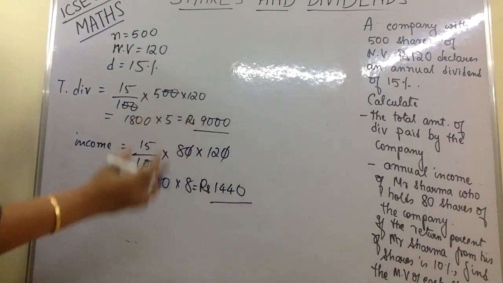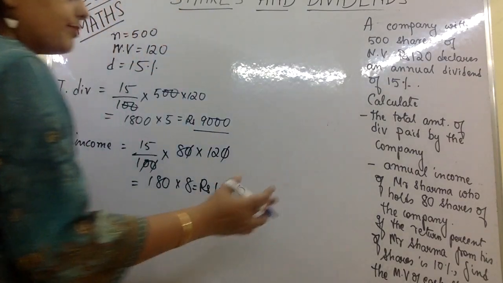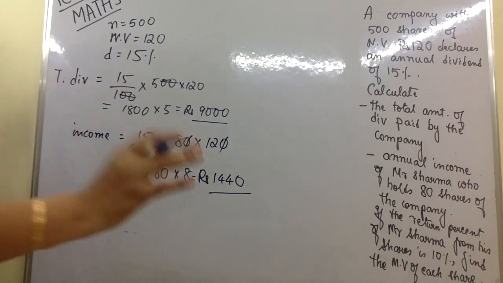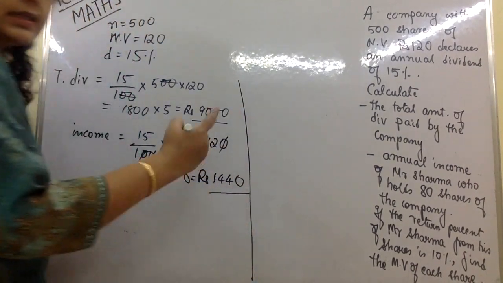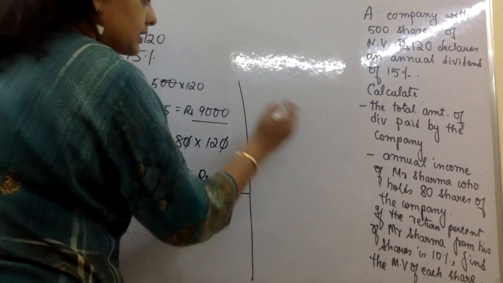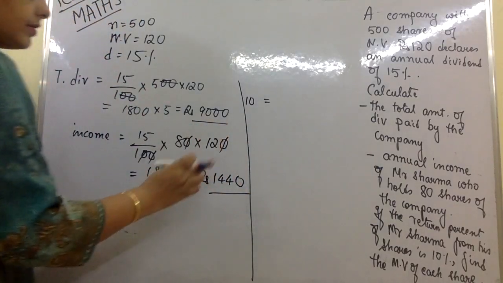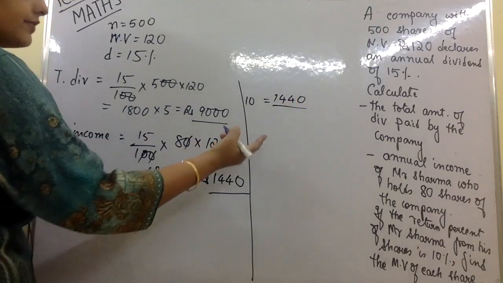Now there is a second part of the question. If the return percent of Mr. Sharma from his shares is 10%, find the market value of each share. The return percent is basically the yield percent. The yield percent is 10. The income he has made from the shares, the only source of income from the shares, is dividends.